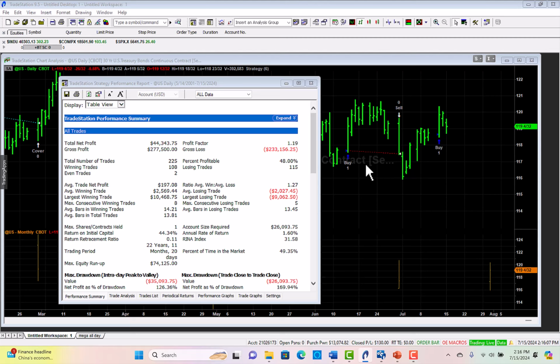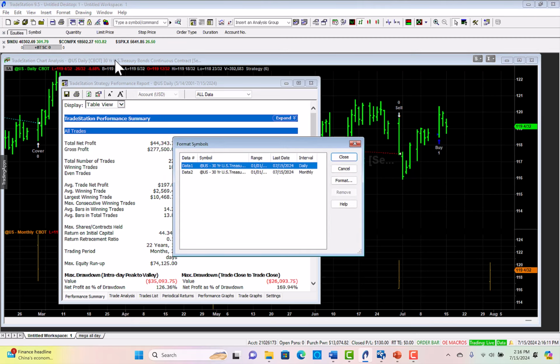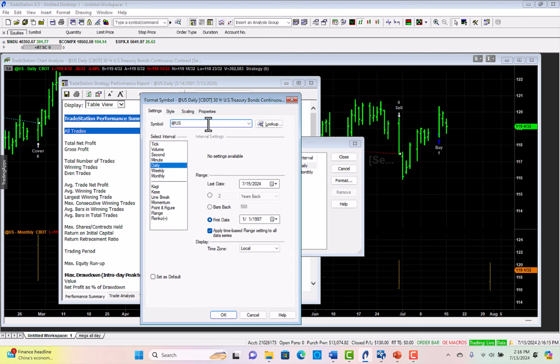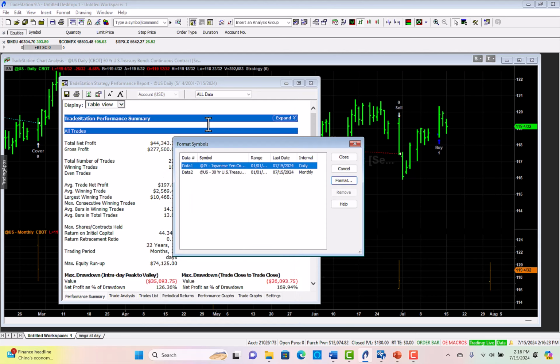30-year bonds. All right, so it's applicable outside of our five stock related index futures. Let's see how far that goes. I'm going to spare you the slow process here and just do some quick editing. Japanese yen.